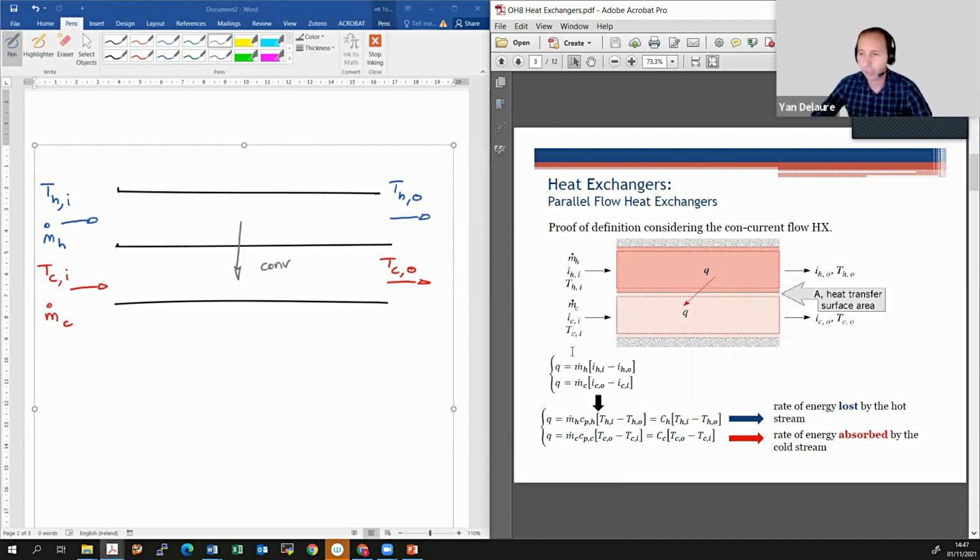Why do we work with that? Simply because if you go back to the energy conservation for an open system, you should remember that in second year, it led to an equation that involved changes in specific enthalpy.